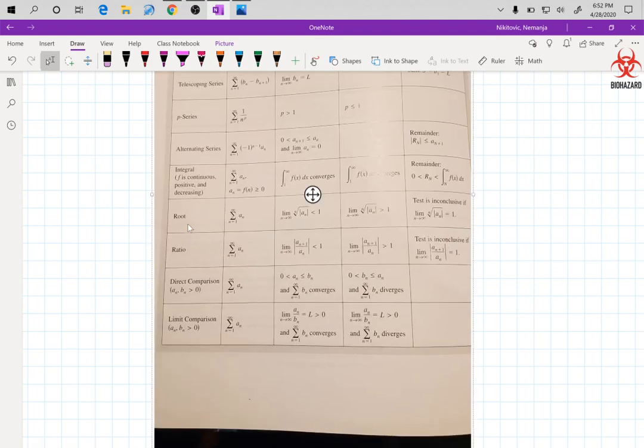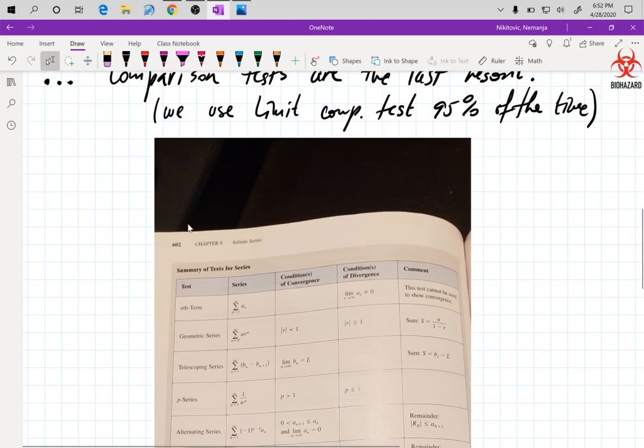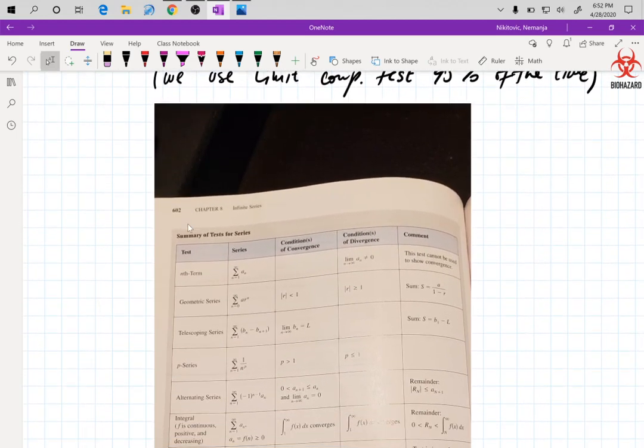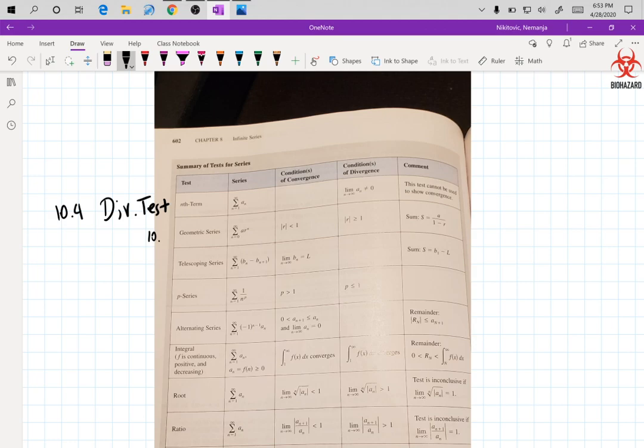And the reason why I want to make it larger in this document here is because I want to fill in this chart. All right, cool. So this over here is your divergence test from 10.4. Geometric telescoping series 10.4.